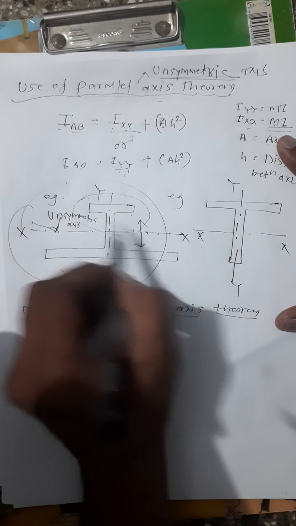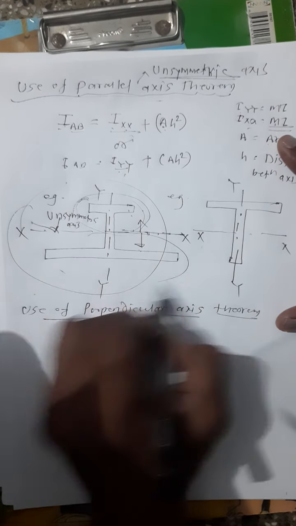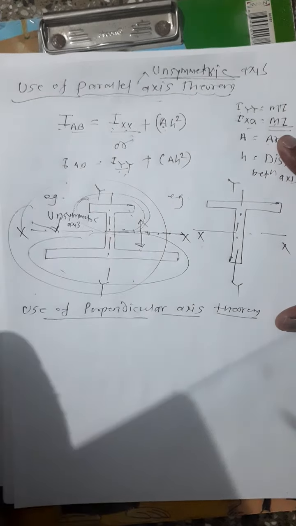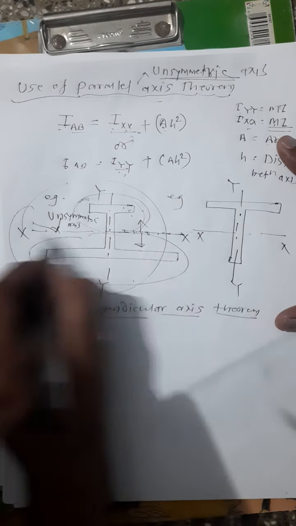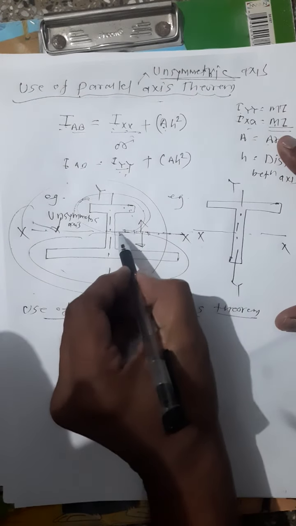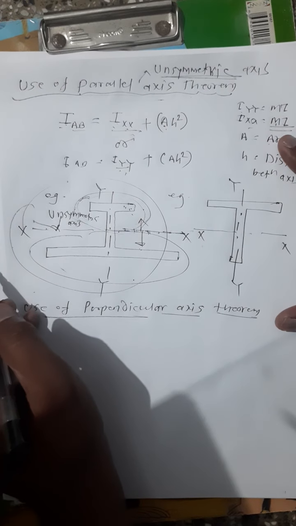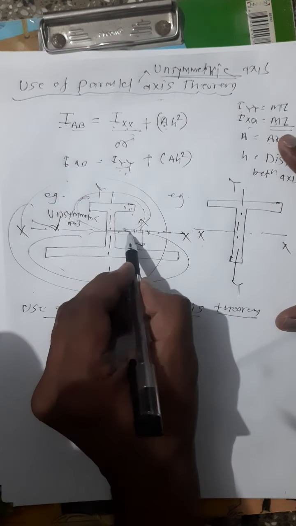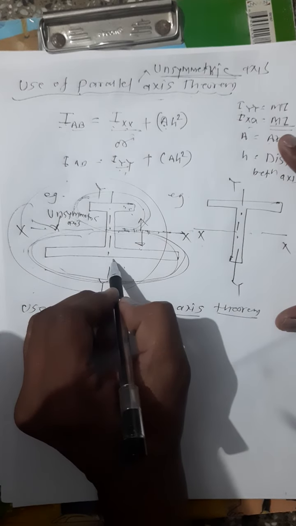The area above this xx and the area below this xx have some difference in sizes and dimensions. Just above this horizontal xx axis we have the smallest area, smallest dimension of this I section, and just below this x axis we have the biggest dimension, biggest area of this I section.